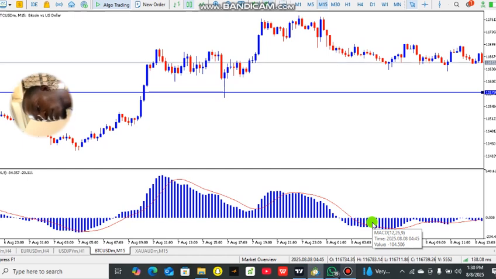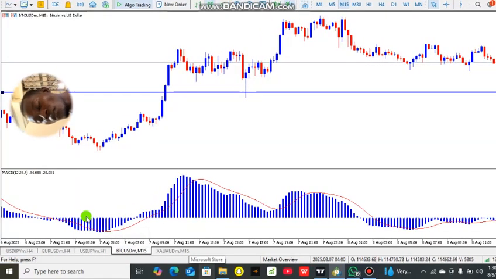So how do you determine the momentum? How do you spot a reversal of the market? So first of all, whenever the MACD line crosses above the signal line, so we know the signal line is the red line that you can see over there.